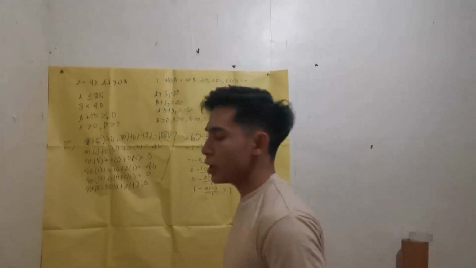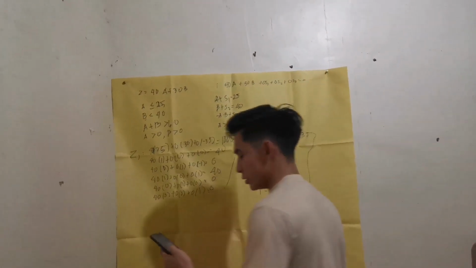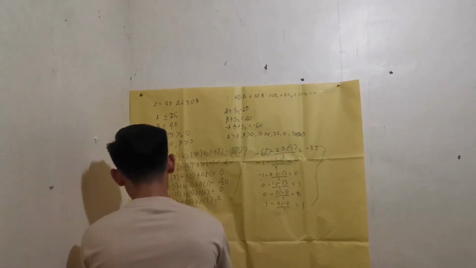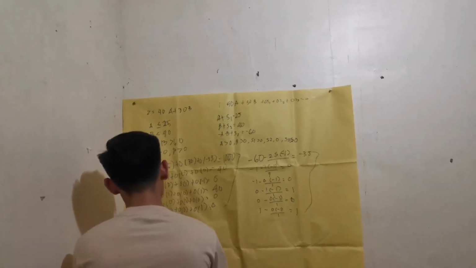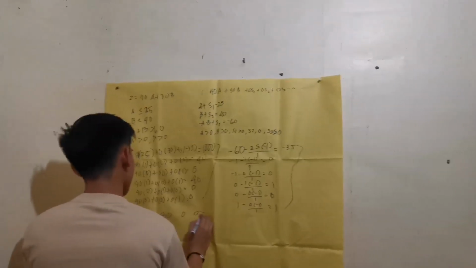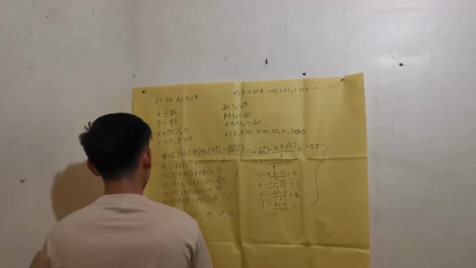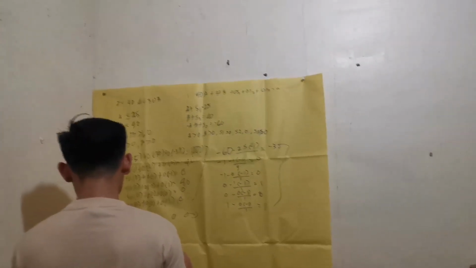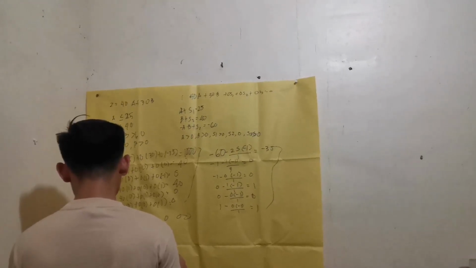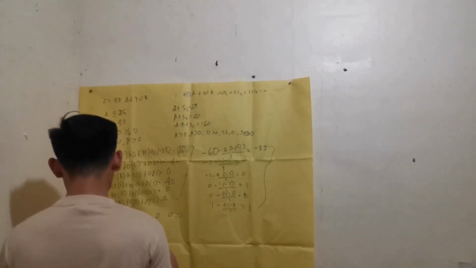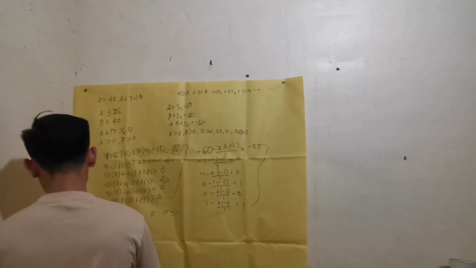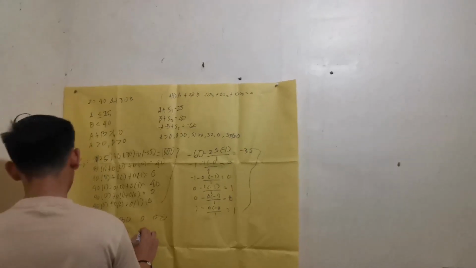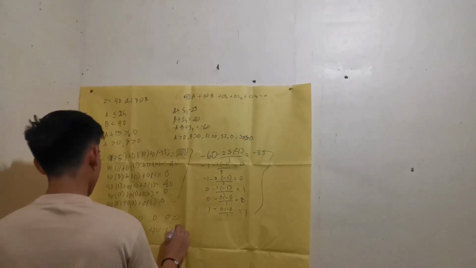And then, kunin na natin yung c sub j minus z sub j. So, minus na naman tayo. So, yung c sub j natin is 40, 30, 0, 0, 0. And yung z sub j natin is 40, 0, 40, 0, and 0.